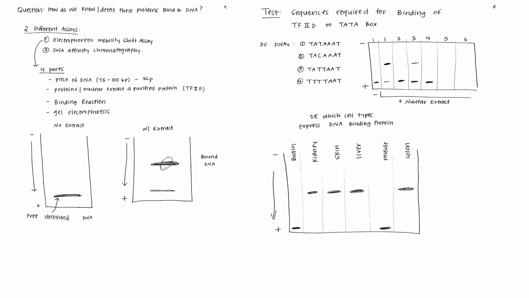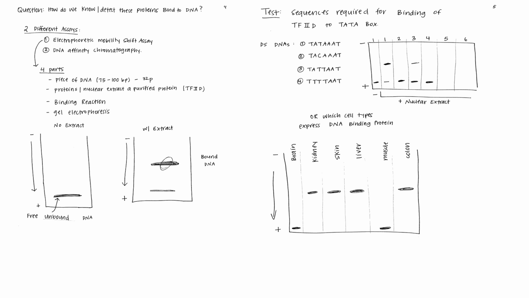So here's what you see in the gel. And this is really pretty much what it would look like. In the first lane, there's no extract. And that's why the band is at the bottom. In the second, actually what it means is number one is at the top.